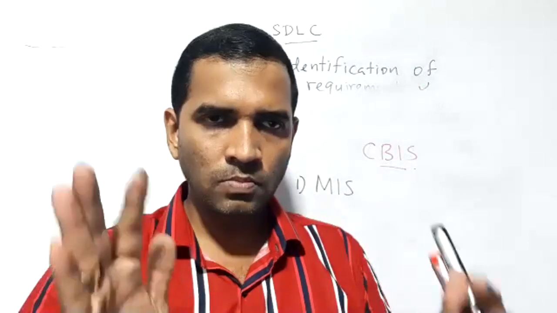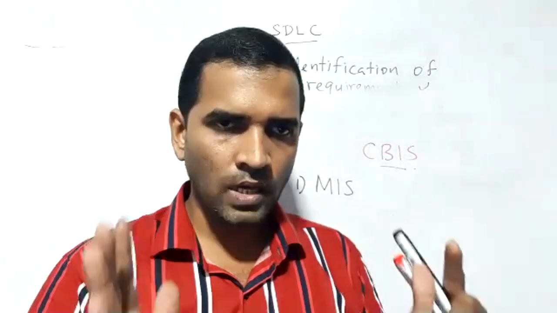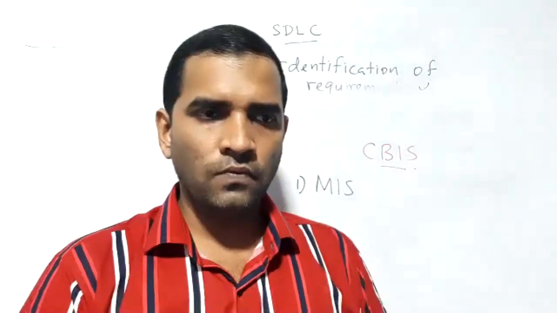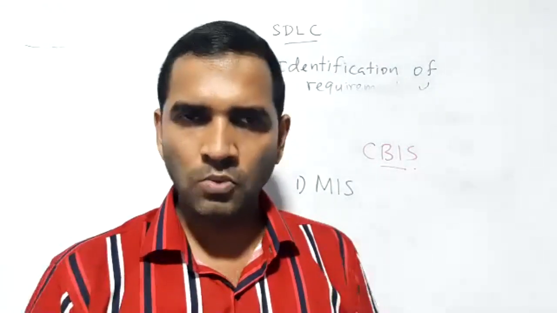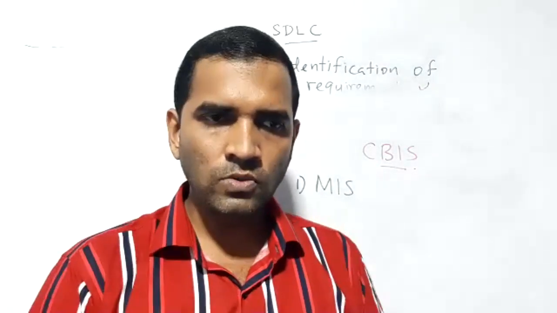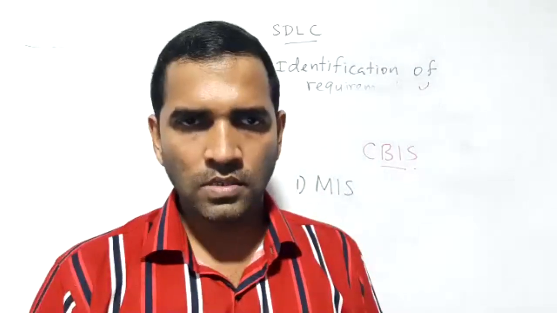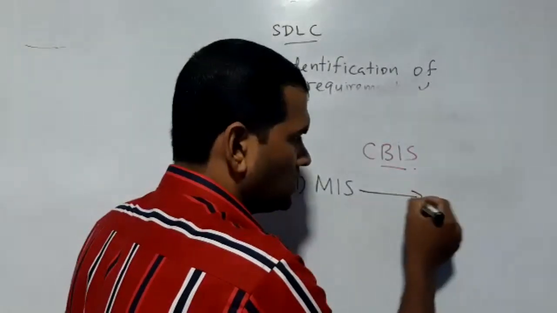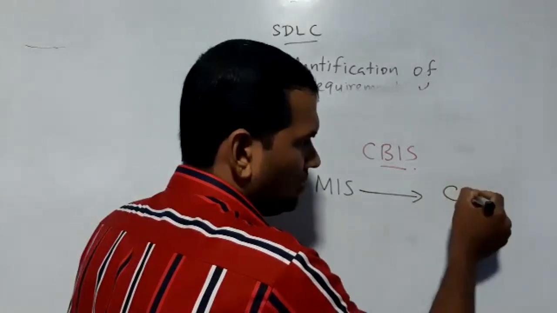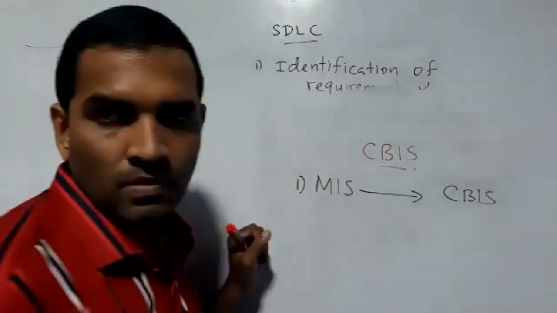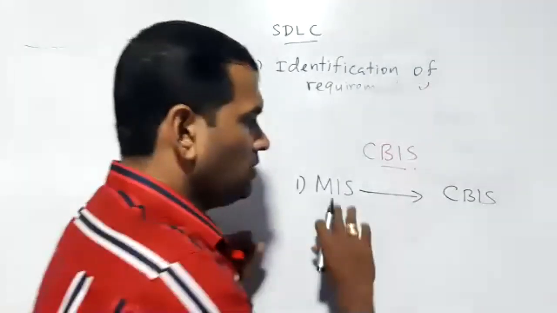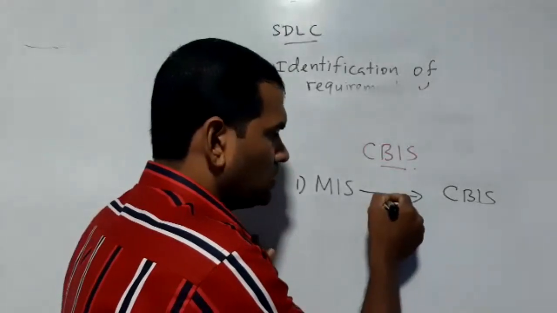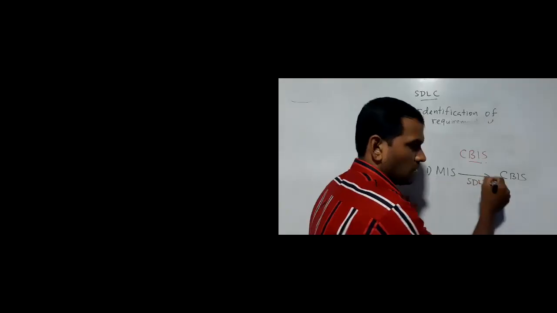You maintain a manual system, but you find issues in it, so you decide to change it into a computer system. So, converting a manual information system into a computer-based information system. Got it? In this instance, you need the system development life cycle.